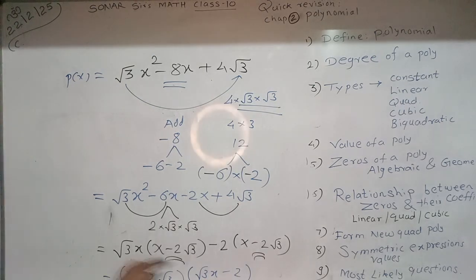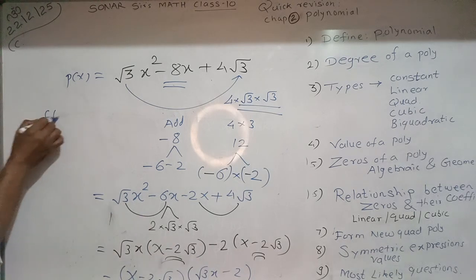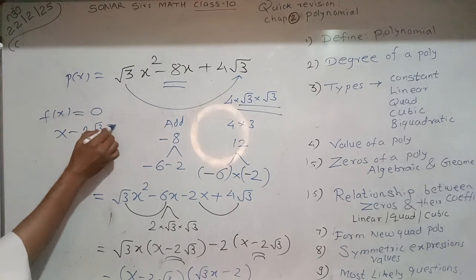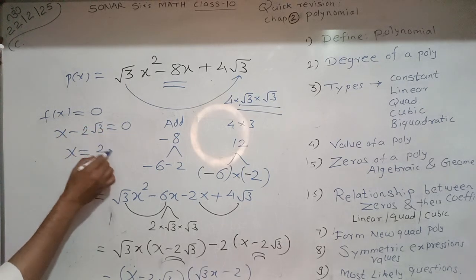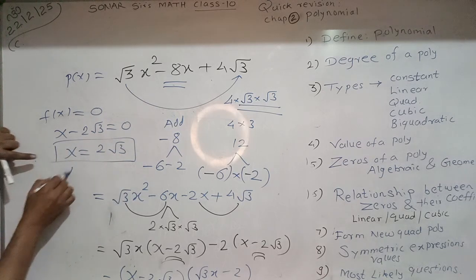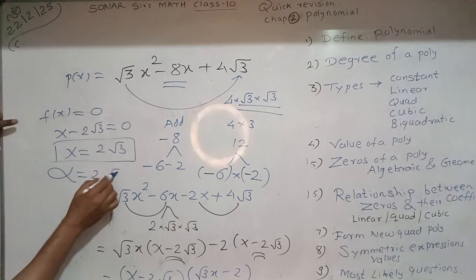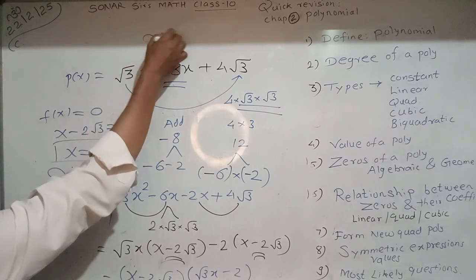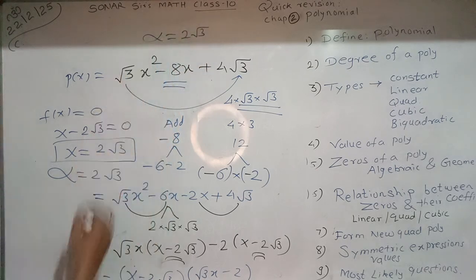These are the factors, but we want to find zeros. So how to find zeros? For finding the zeros, we equate the expression with zero. That is x minus 2 root 3 equal to 0, so x is equal to 2 root 3. This is our first zero. We'll consider it as alpha, 2 root 3. Now we'll find the second zero.